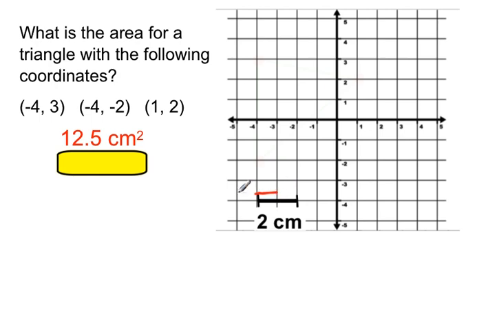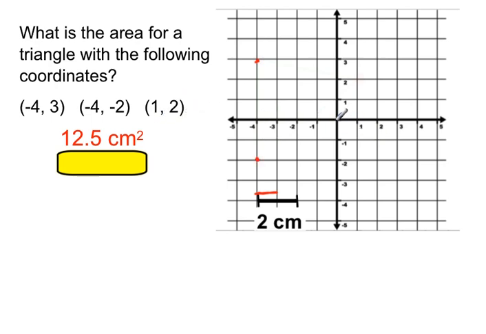So remember that each one of these squares is a square centimeter. All right, so let's find our points. -4, +3. -4, -2.